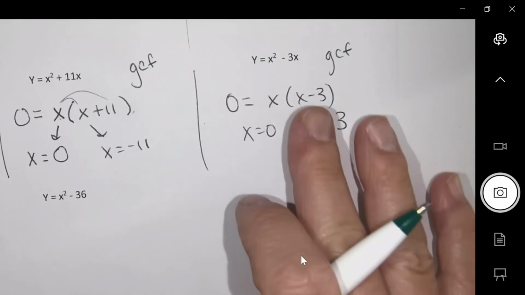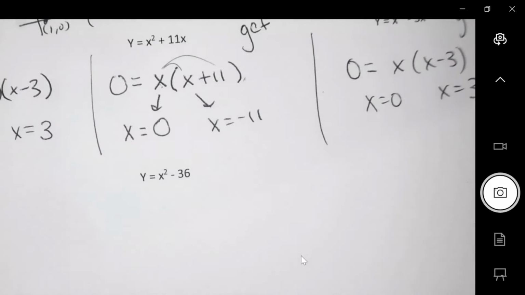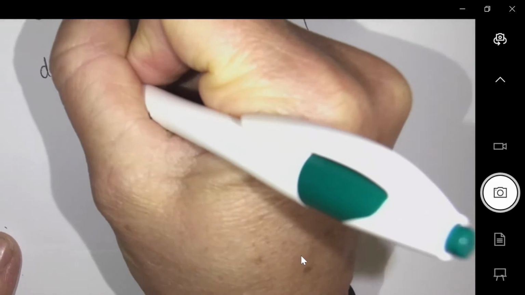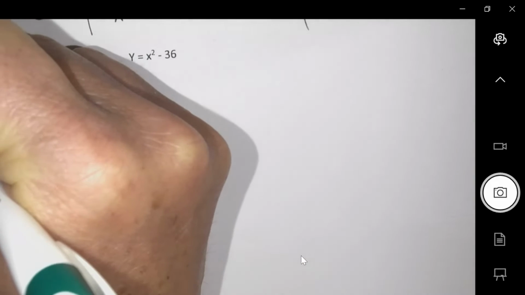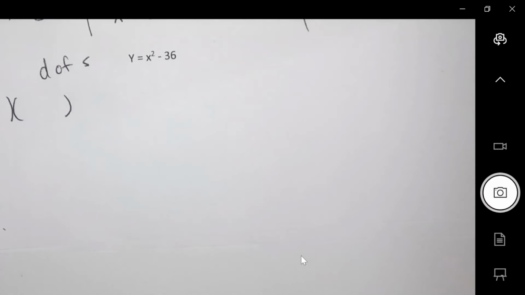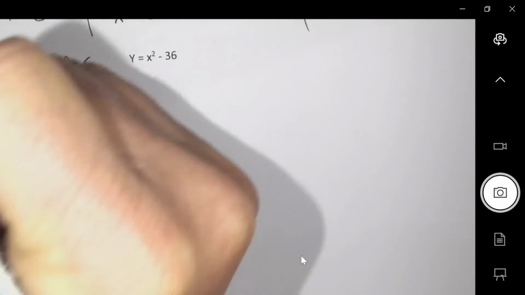Okay, so that's recognizing what a GCF looks like. The bottom two are different again. So now we see a difference of squares, the other one you learned. So 0 equals, and this style is with 2 brackets. So x times x makes x squared.